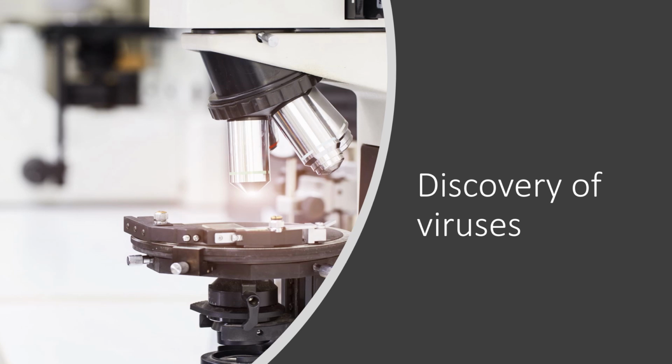The existence of such ultra-microscopic microbes was proved by the work of early scientists like Ivanovsky, who was working on tobacco mosaic disease, and he said that this disease was caused by a pathogen much smaller than bacteria. And Beijerinck coined the term virus for these ultramicroscopic particles or microbes.